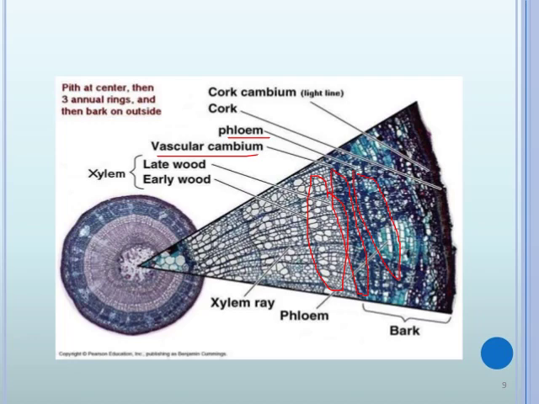By the production of secondary phloem and secondary xylem, it plays a role in the secondary growth of the plant. So actually, vascular cambium has a role in secondary growth by the production of secondary phloem and secondary xylem.